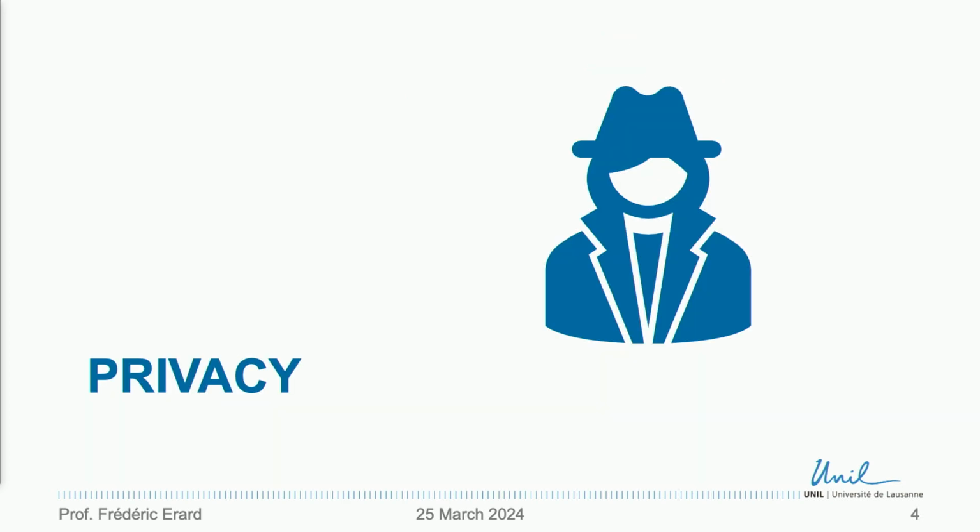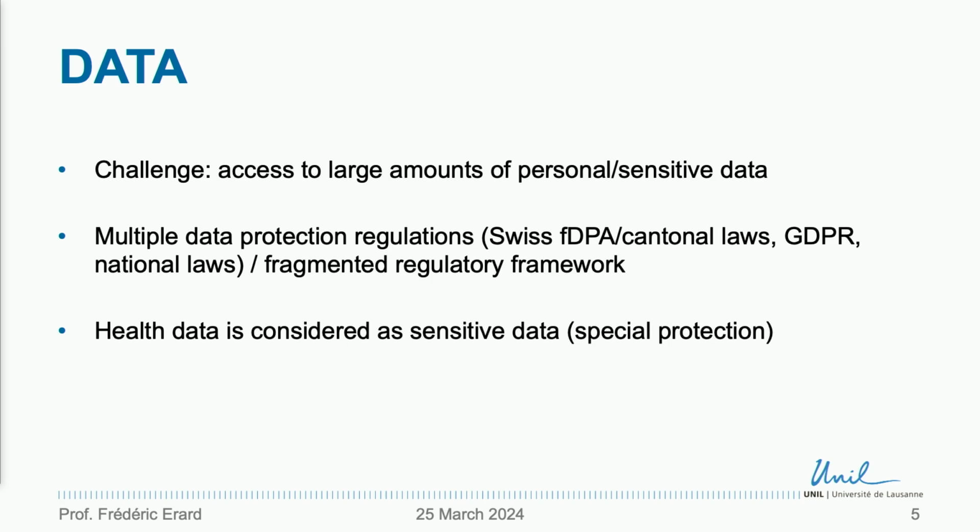So if we focus first on privacy, we already had a good introduction just now. The challenge here is how to access large amounts of personal sensitive data. And here, the problem begins, I would say. You have multiple data protection and privacy regulations.